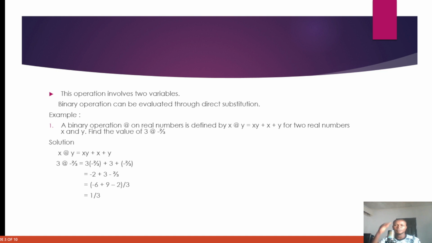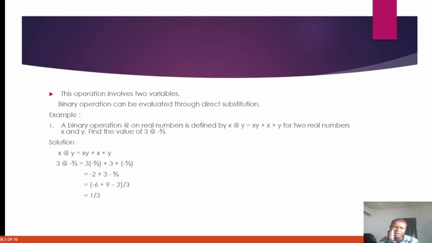From example 1, I have x @ y = xy + x + y. So my x will be equal to 3 and my y will be equal to -2/3. Anywhere I see x, I put 3 from what is defined, and anywhere I see y, I put -2/3.